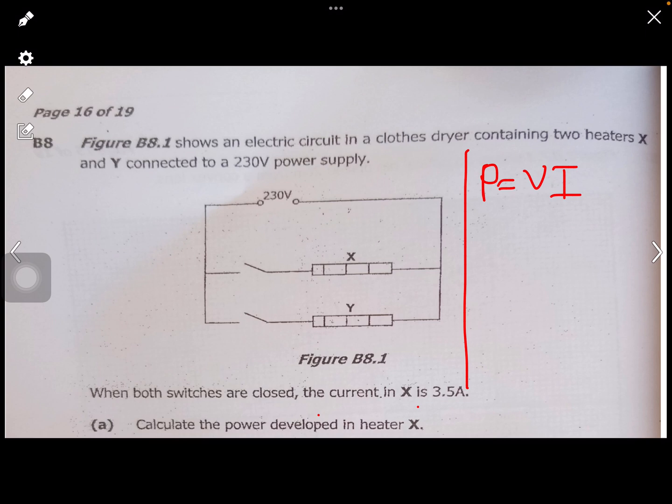Then we look at the given voltage, which is 230. So power will be equal to 230 times the given current. For heater X, the current is 3.5, so we say times 3.5.